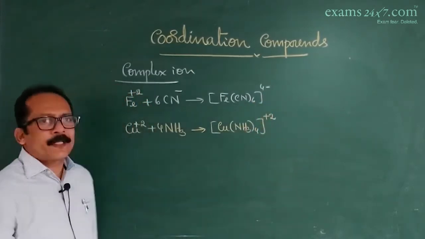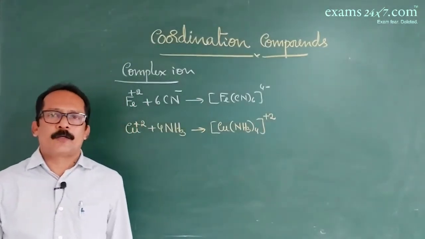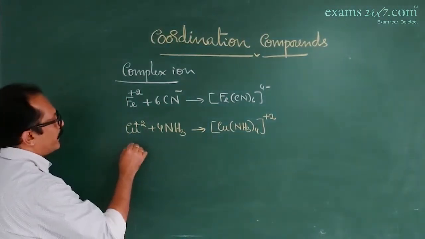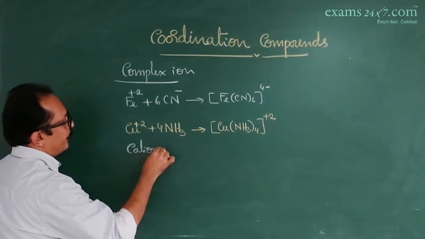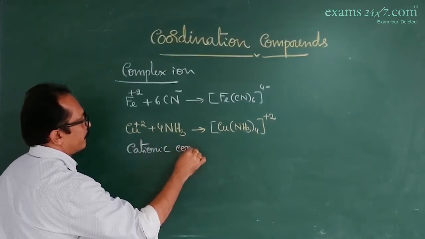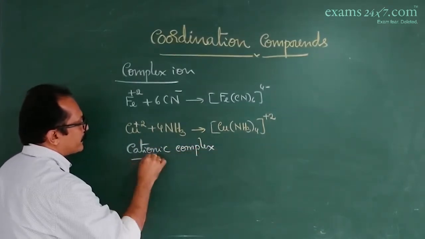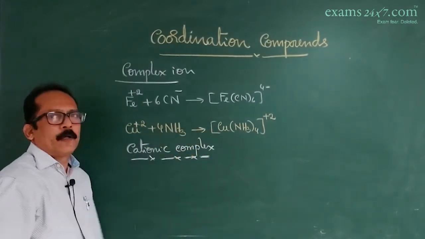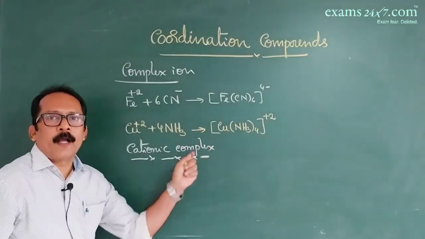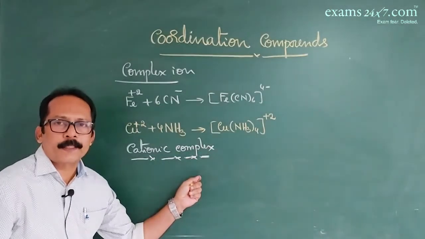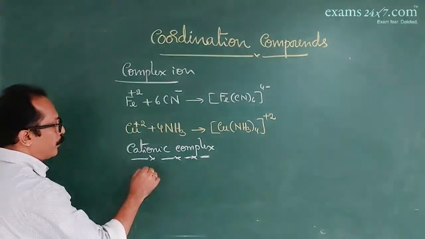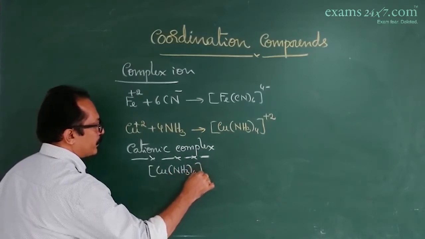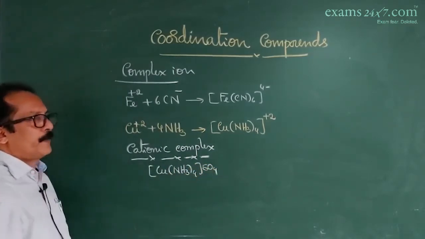Now based on the type of complex ion, there are different types of complex. Cationic complex. Here the complex ion is a cation. Example for complex cation, cuprammonium ion, and example for cationic complex is cuprammonium sulfate, [Cu(NH3)4]SO4.